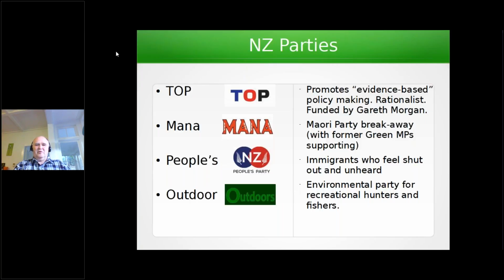And he was very much in favor of promoting evidence-based policymaking. Now, interesting guy. He has his take on the world, and perhaps didn't understand there are several other evidence-based parties as well, like the Greens and to some extent Labour.